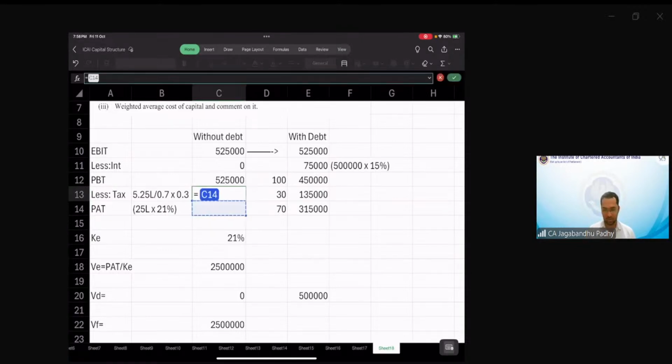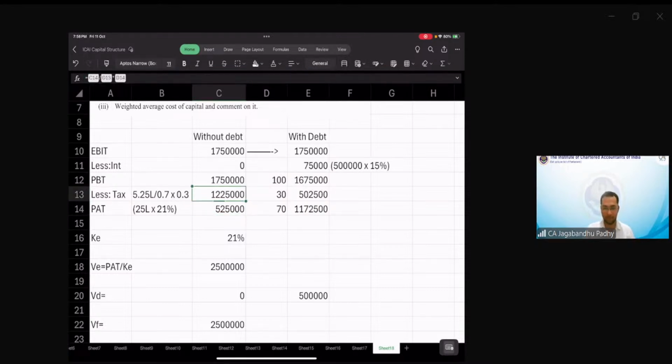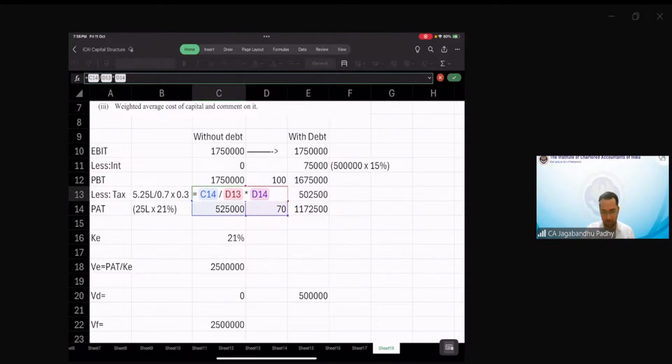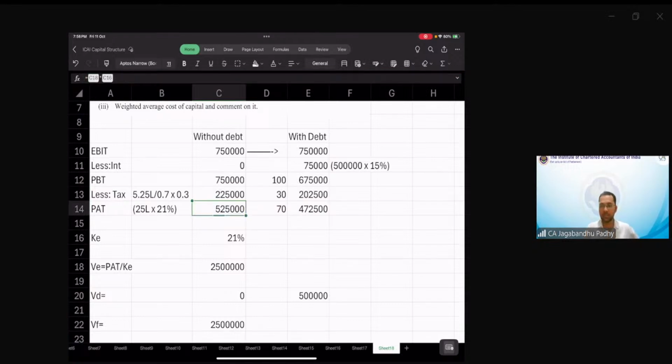You can simply say it is 5,25,000 divided by 30 multiplied by 70. Sorry, reverse calculation will be 5,25,000 multiplied by 30 divided by 70. Just the cross multiplication.